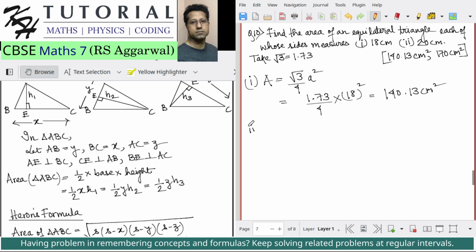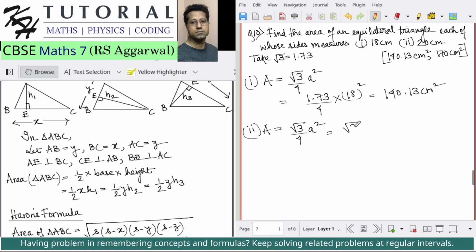For part 2, area is equal to square root of 3 by 4. The formula is square root of 3 divided by 4 multiplied by a square, where a is the length of each side of the equilateral triangle. For part 2, the length of each side is given as 20 centimeters.